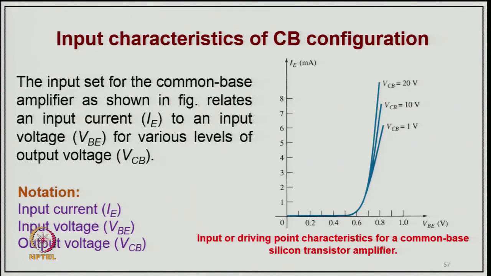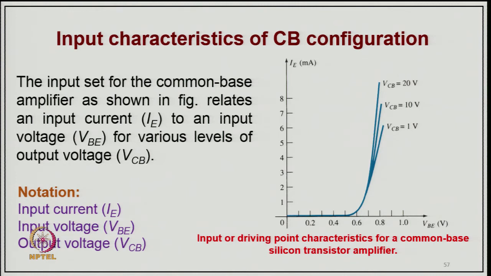Now, this is the input characteristic of the common base configuration transistor that we already talked about. This is the input set for the common base amplifier, relating the input current IE to the input voltage VBE, because the base is common. We give a signal VBE, and from it the current flows into IE for various levels of output voltage VCB.